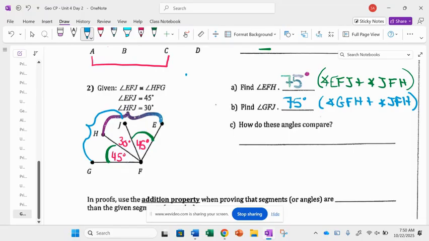All right, what is the point of this problem? What is the moral of the story? The moral of the story is if I have two angles that are congruent, so I had EFJ and GFH were congruent. They told us that in the given information. And didn't I add that same angle to both of them? So I have two angles that are congruent and I add the same thing to both of them. The results are still congruent. So how do they compare? They are congruent.